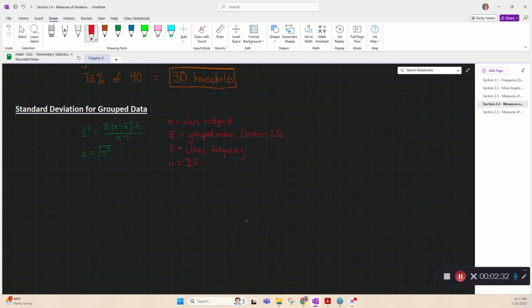Okay, so now that we have remembered what everything is, I'll again just remind you of the formula for grouped mean. It's the sum of X times F over N. Again, X is the midpoint, F is the frequency, N is the sum of the frequencies.